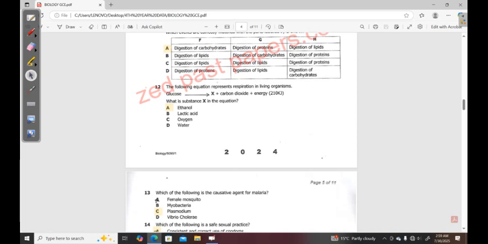So glucose, then X plus carbon dioxide plus energy. When you look at this formula, you first have to look at what type of reaction is taking place. So it's anaerobic by virtue of it not having oxygen within the chemical formula.